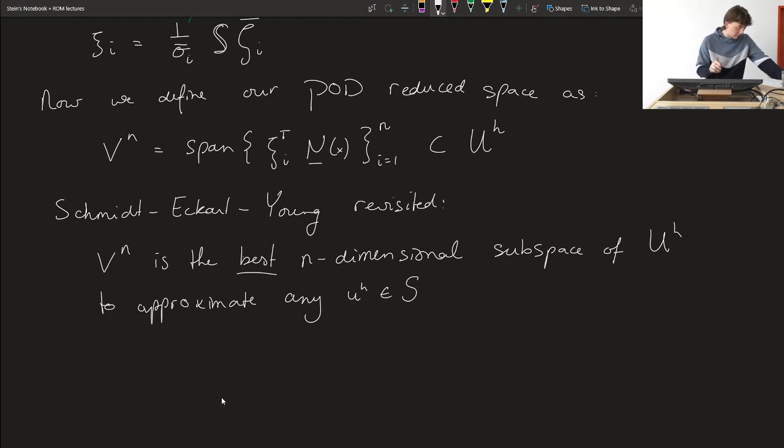At this point we're again talking about functions. So this is no longer a snapshot matrix, this is the snapshot set. Again, recall this was the solution map of all possible solution points, P, MS.